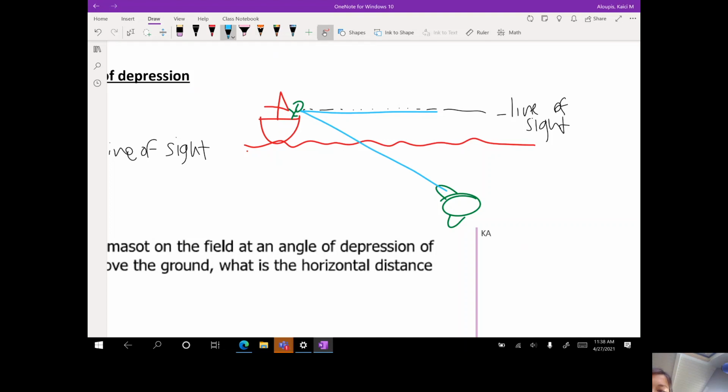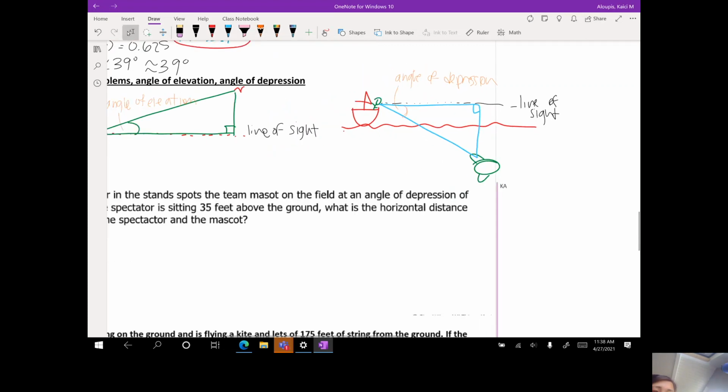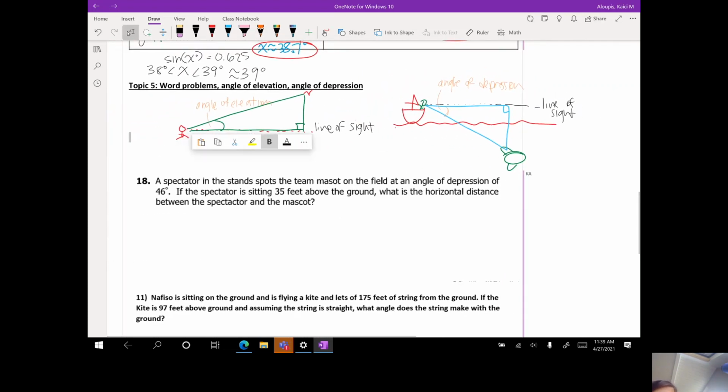So again, we have a triangle developing. Here's the right angle. And now here, this is the angle of depression. Okay. So that's how we decide angle of elevation and angle of depression.